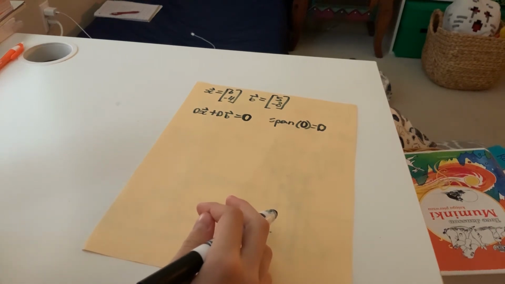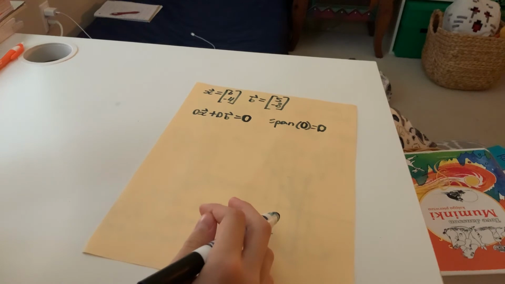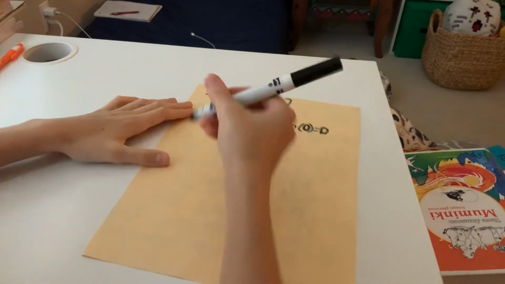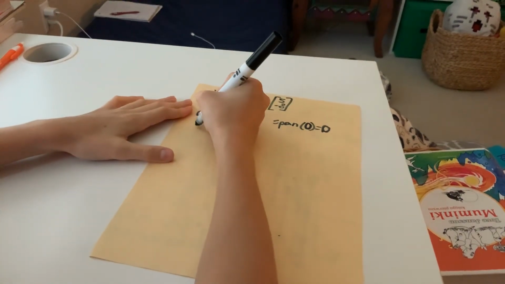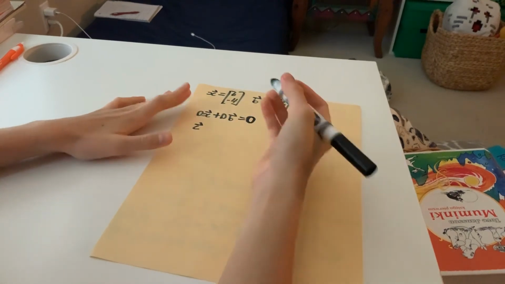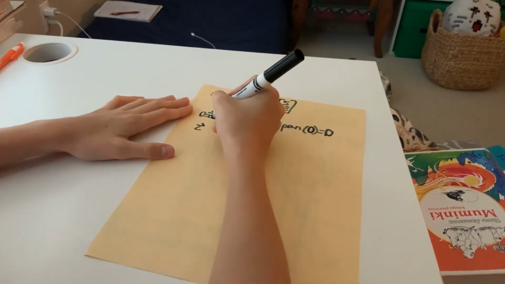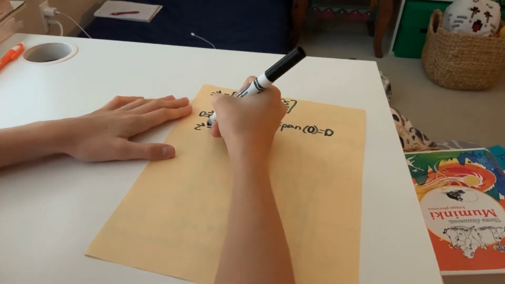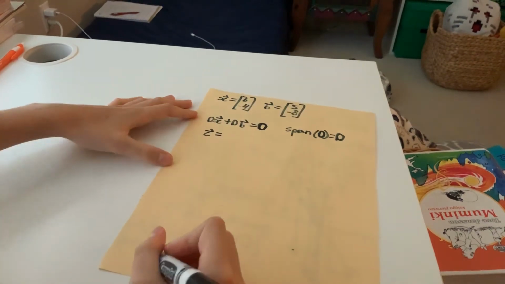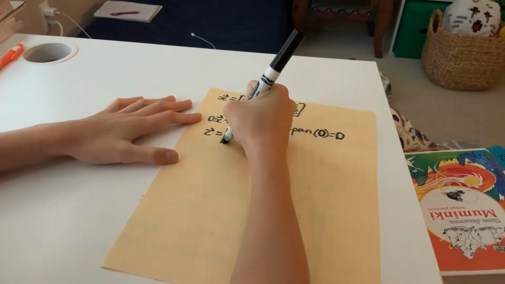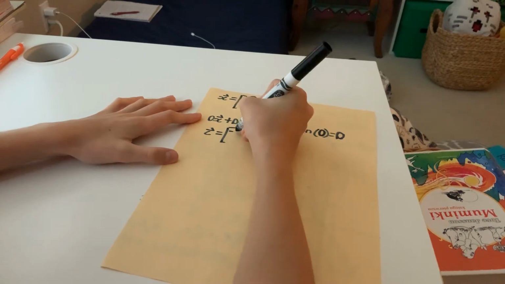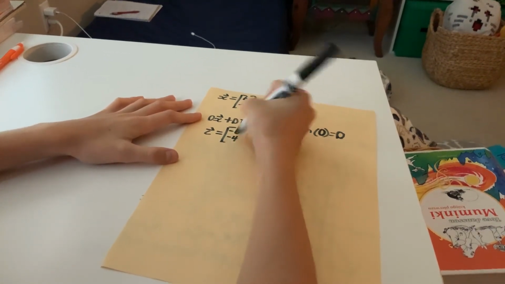So let's take a look at two vectors which are collinear. Take vector C, (-6, -4).